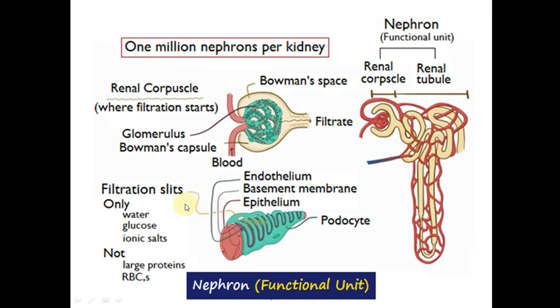Normally through these filtration slits only water, glucose and ionic salts are allowed to filter and pass into the filtrate, but cells and larger proteins cannot pass through the filtration slits.